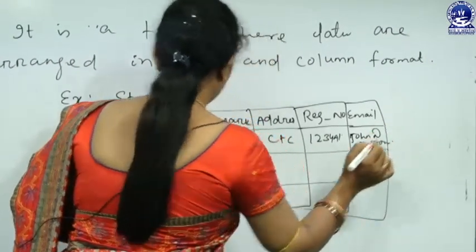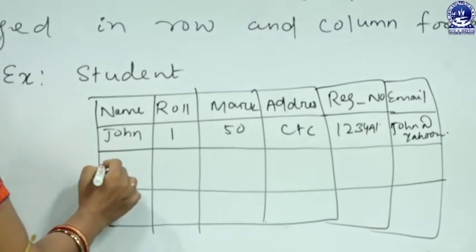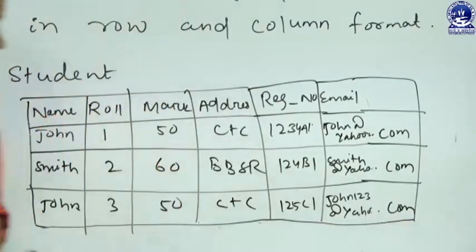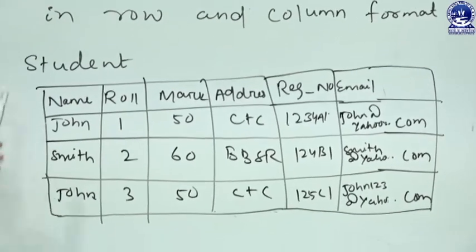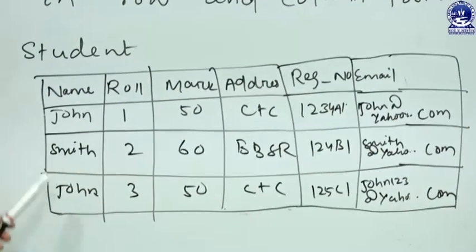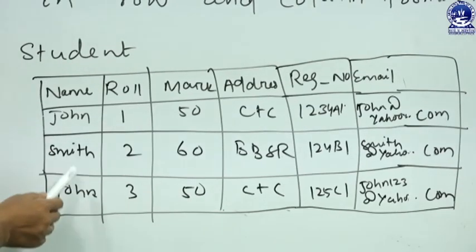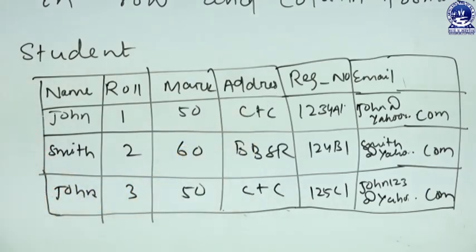Similarly, we can input another 2 data in the table. So, this is a student relation having 3 records of students, that is John, Smith and John, and these are the roll number, mark, address, registration number and email.